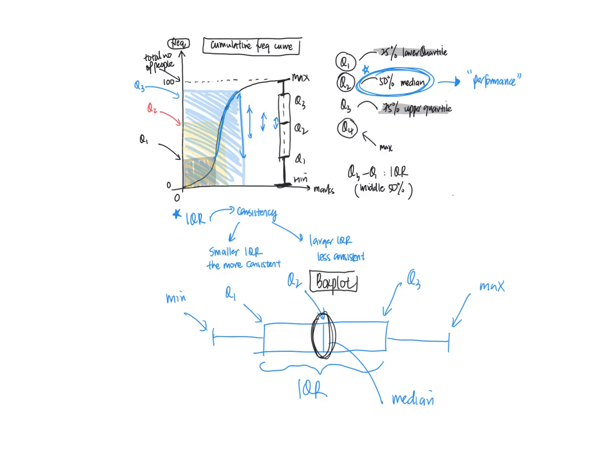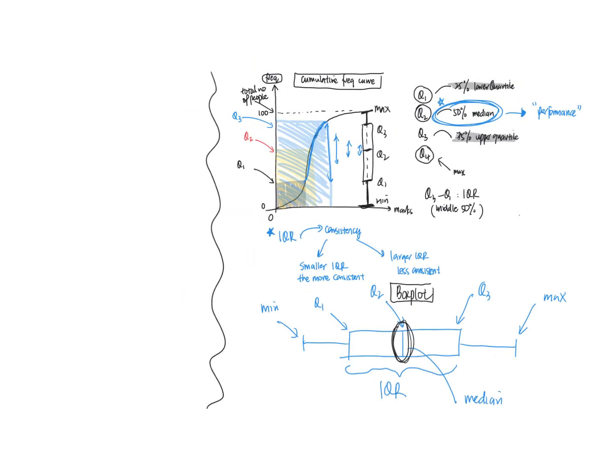The last thing we learn is, when you are given a set of data, whether it's individual data or group data, we calculate 2 things: mean and standard deviation. So remember, from the right hand side, we calculate median and interquartile range.